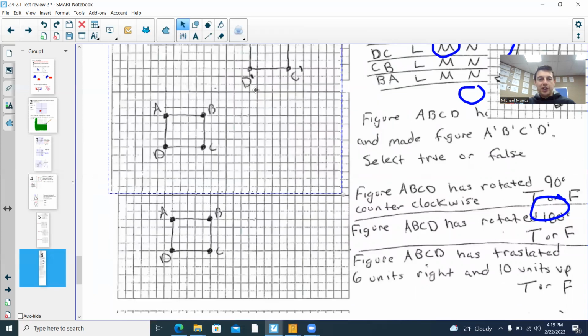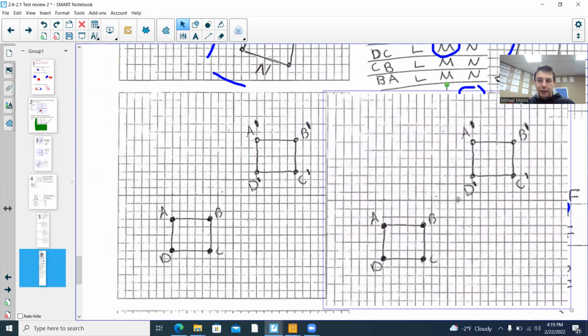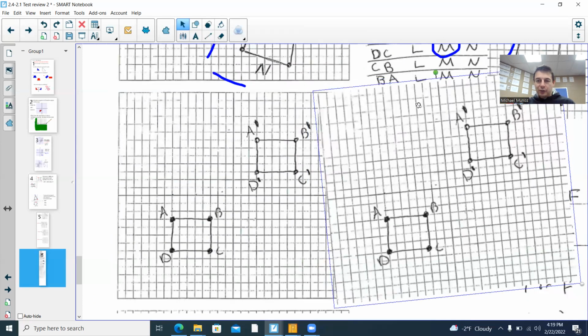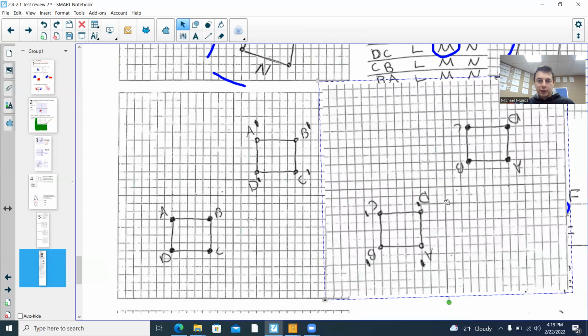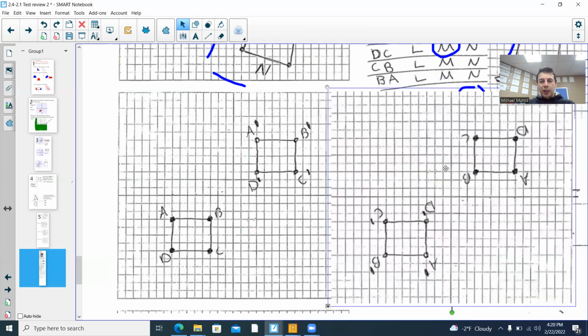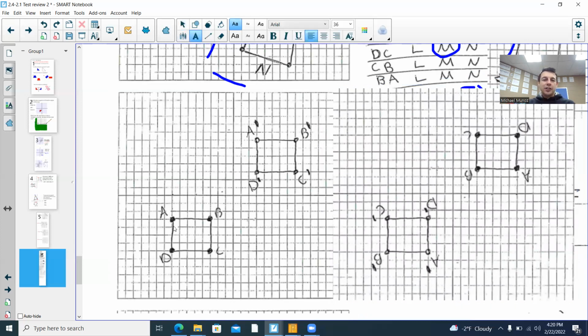So we're going to rotate this 180 degrees. So if I were to rotate this 1, 2 times, what I can see is, although it's in the same location, the problem is these letters aren't lined up. So AB should be on the bottom. It should be down here.